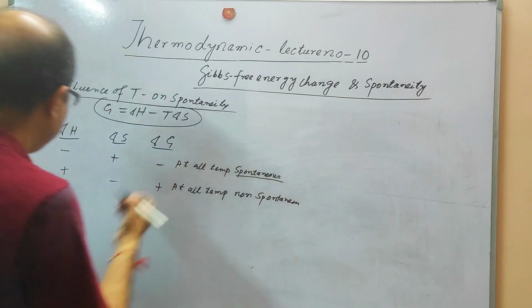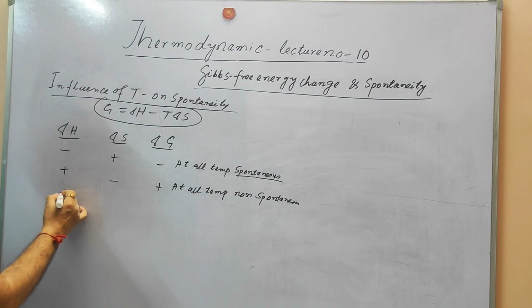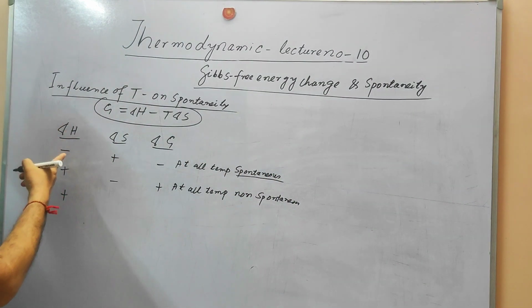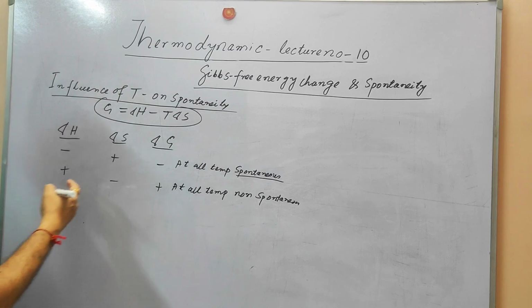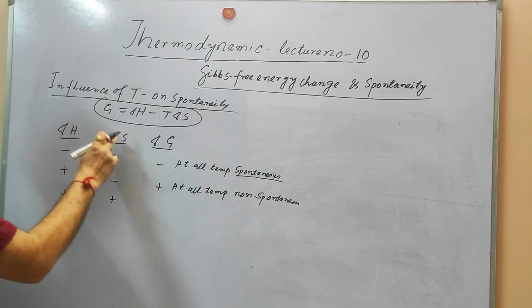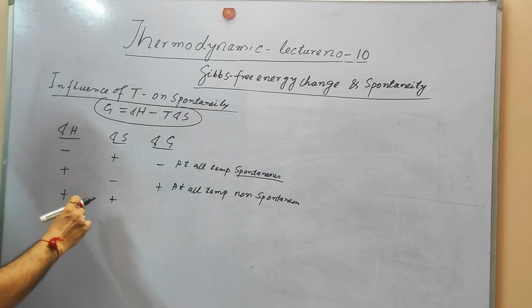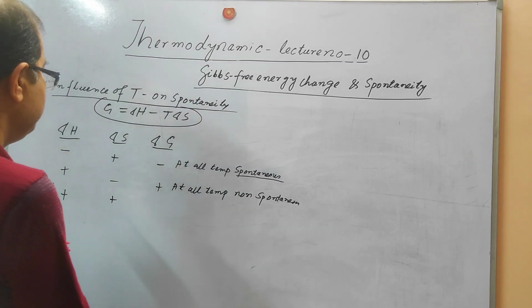Now suppose the enthalpy change delta H is plus, meaning endothermic, and delta S, the entropy change, is also plus. At that time, what is going to happen?